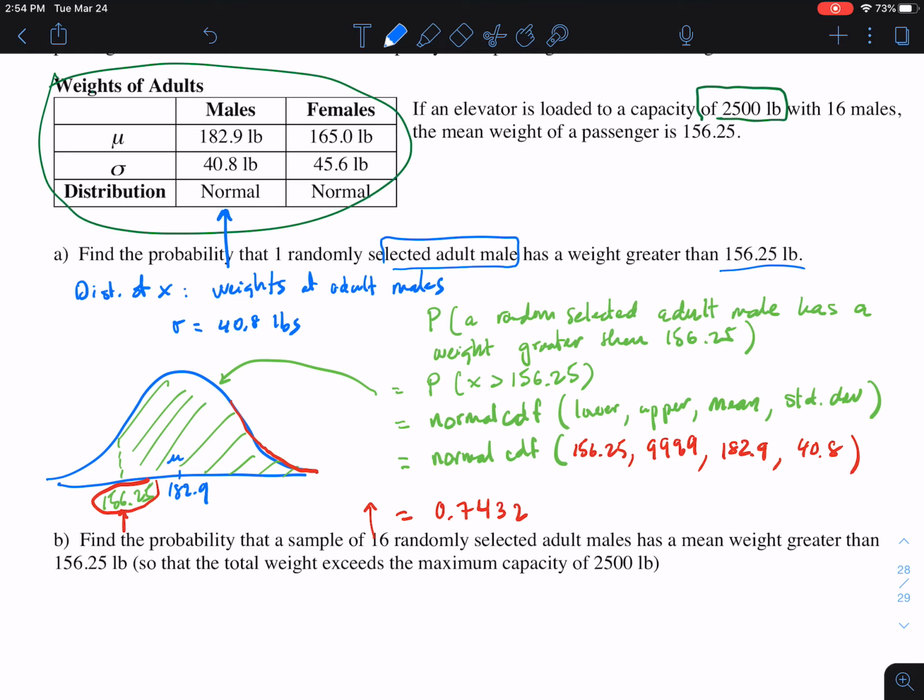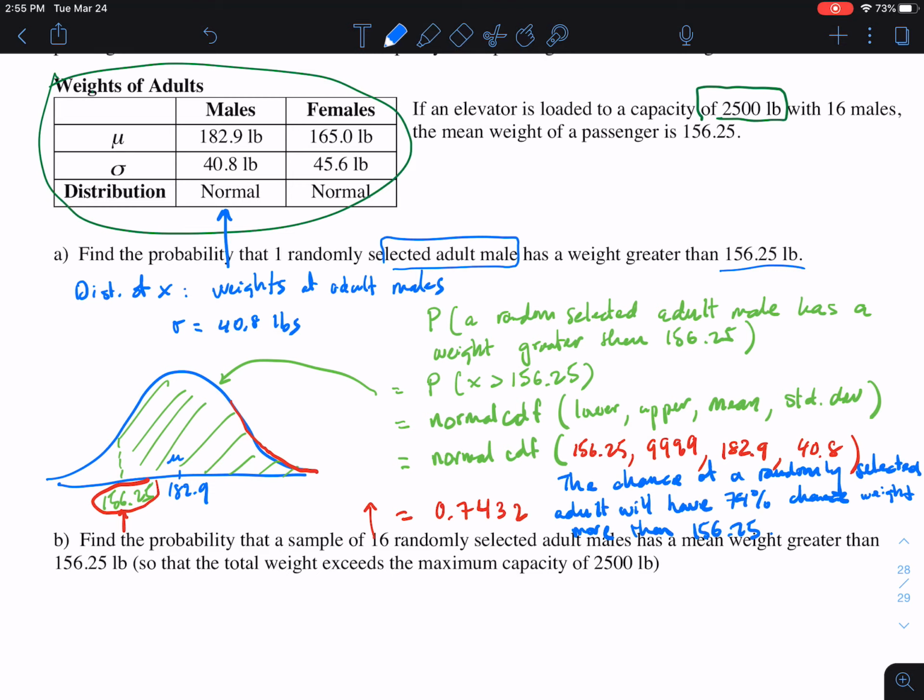We say that this answer means the chance of a randomly selected adult male weighing more than 156.25 is around 74%. I think I worded that really weird there.